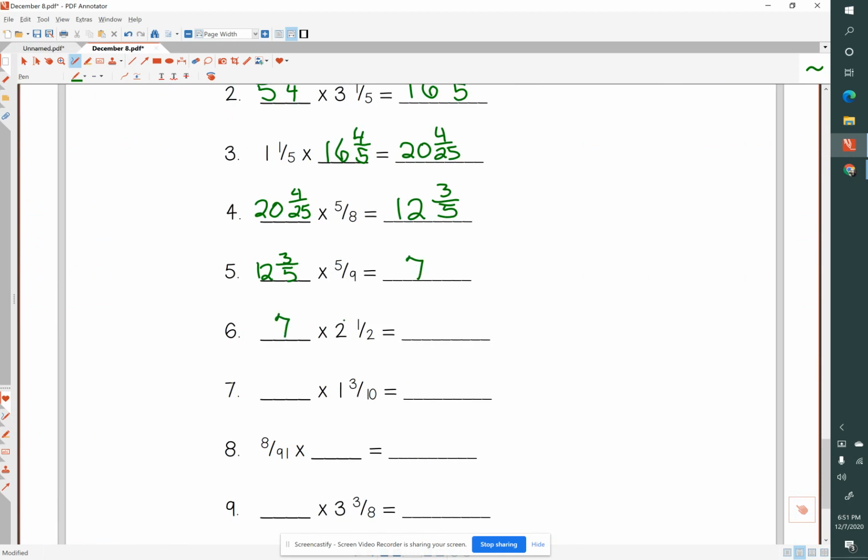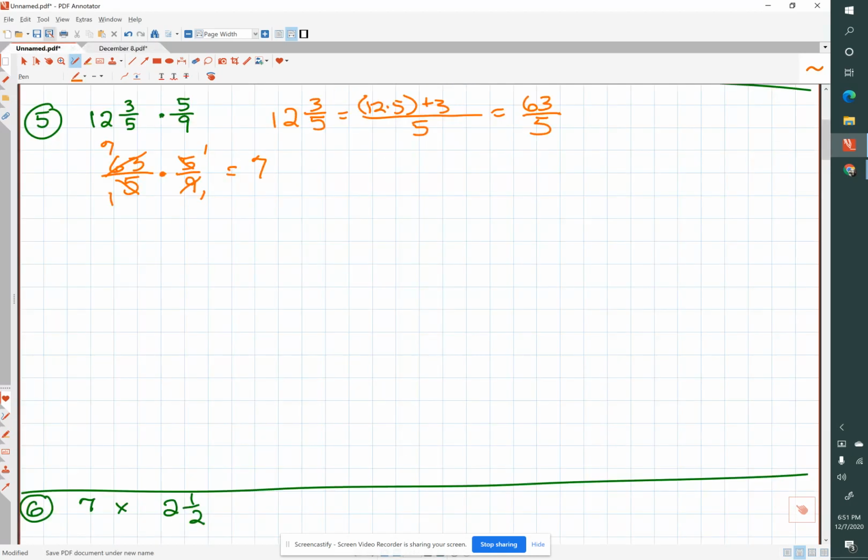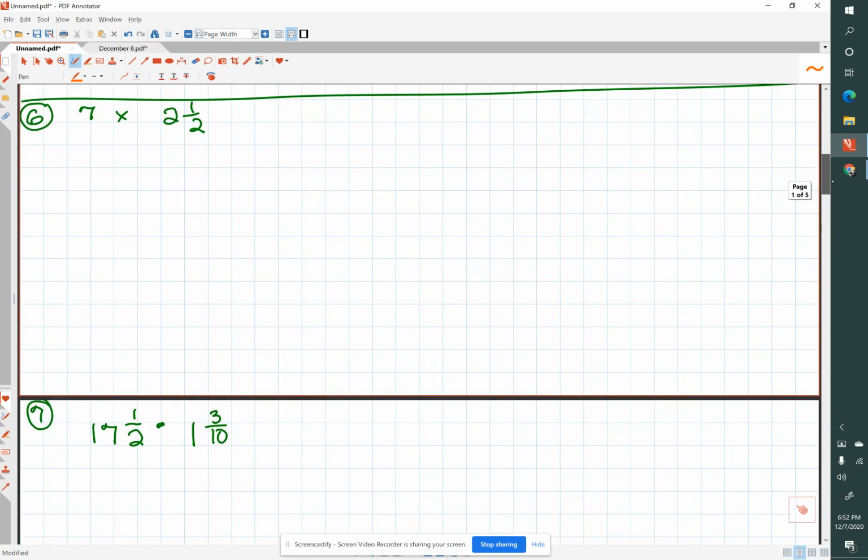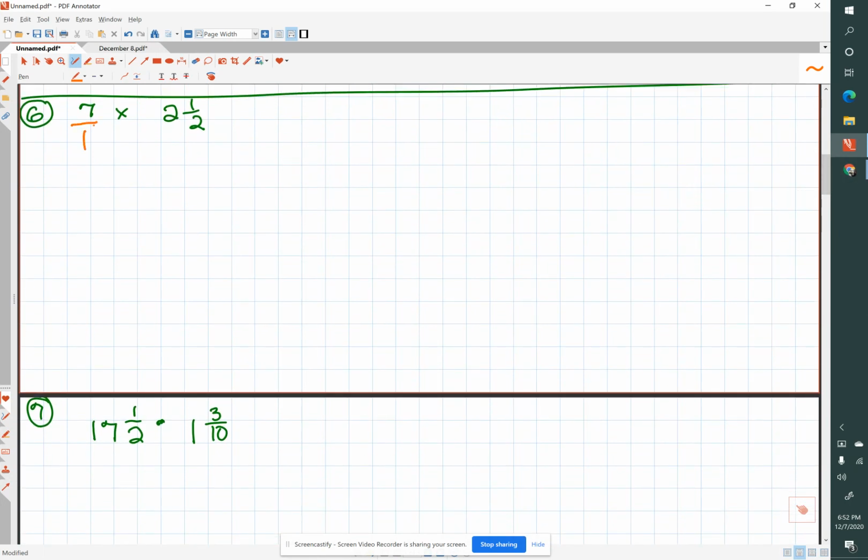And now we'll multiply 7 times 2.5. And we can give a denominator of 1. And the 2.5 we will convert to an improper fraction. So we have 2 times 2 plus 1, which is 5 over 2. So 7 over 1 times 5 over 2.